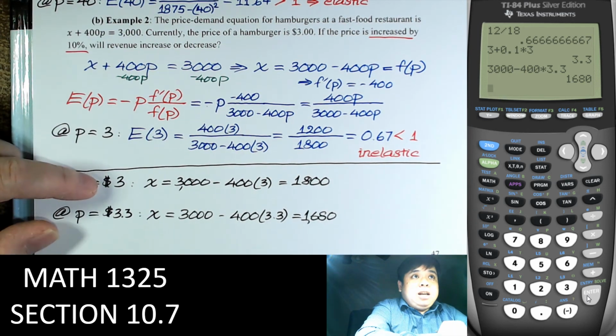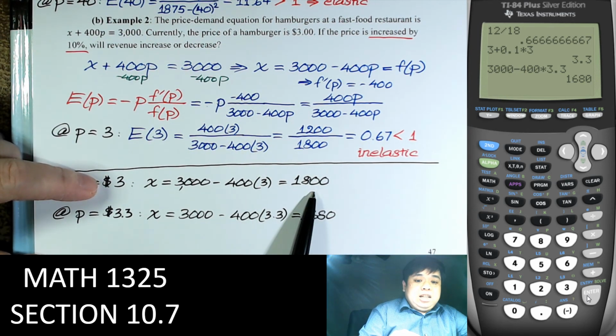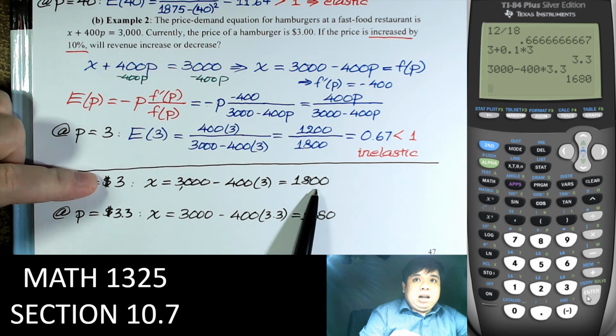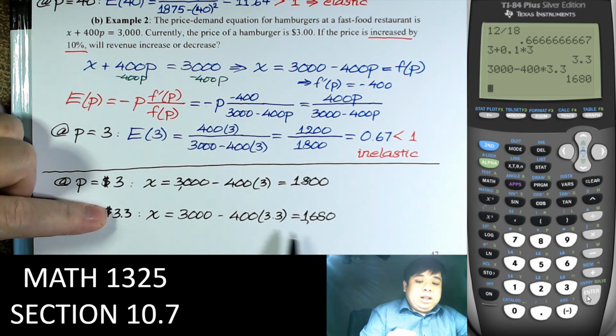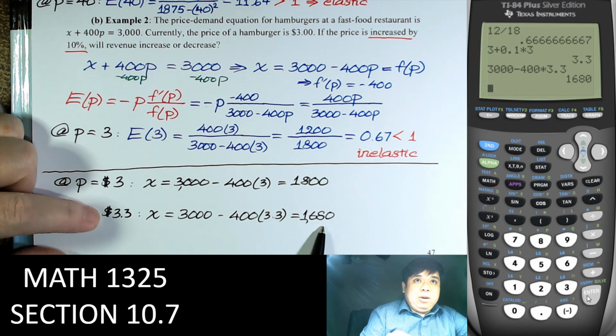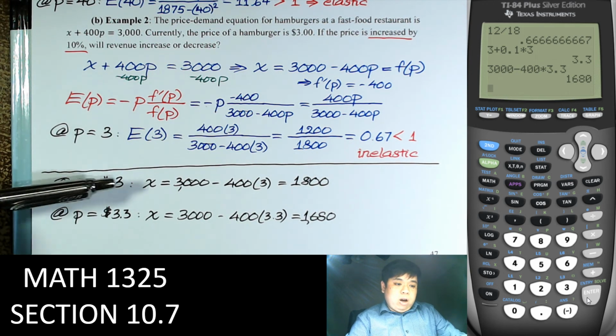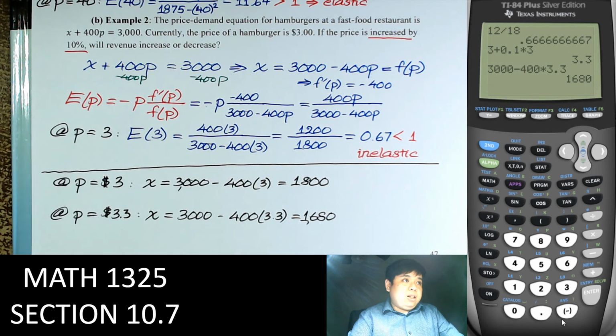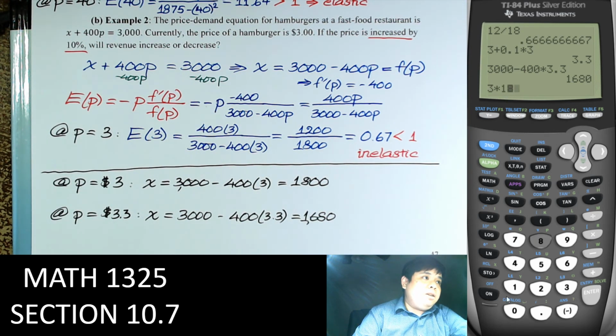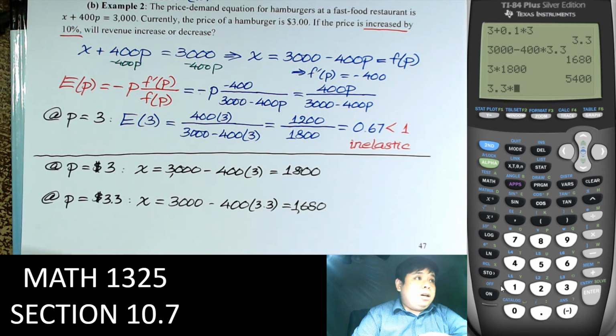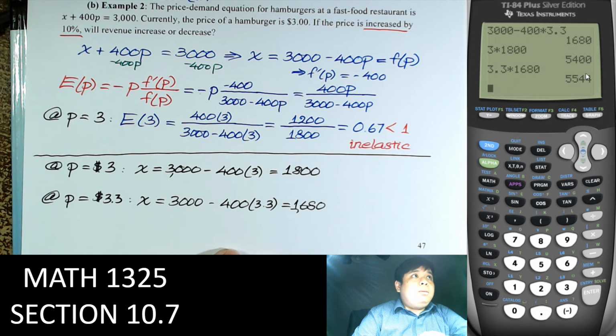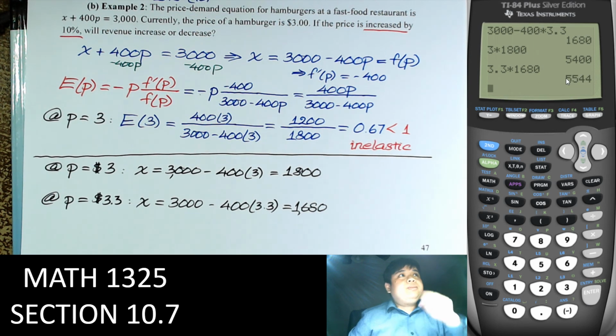So if the price is $3, 1,800 hamburgers are demanded. If the price is $3.30, 1,680 hamburgers are demanded. Multiplying the quantity demanded by the price, 3 times 1,800 gives the revenue above. Now 3.3 times 1,680, of course the revenue increased by $144.